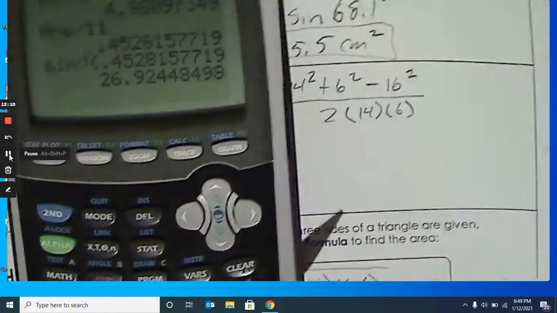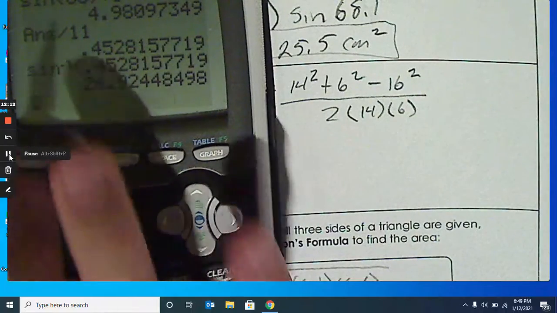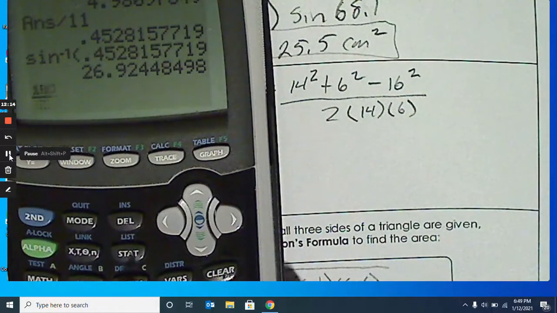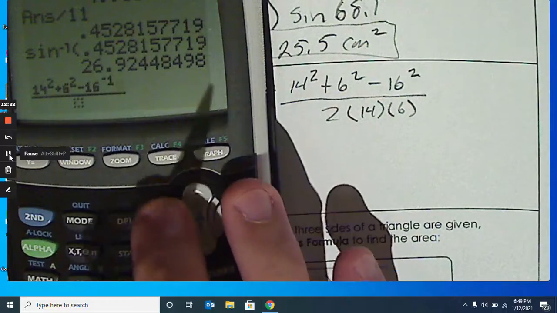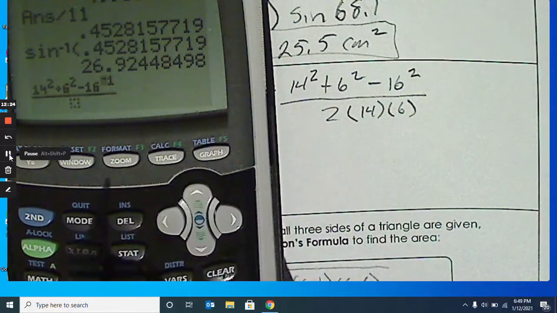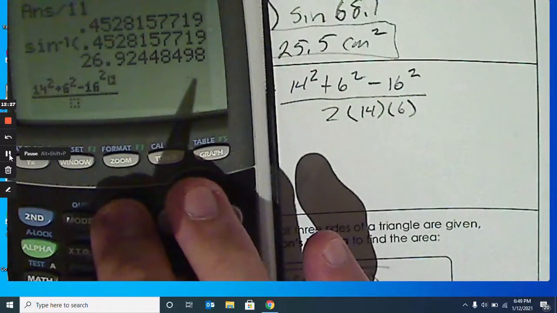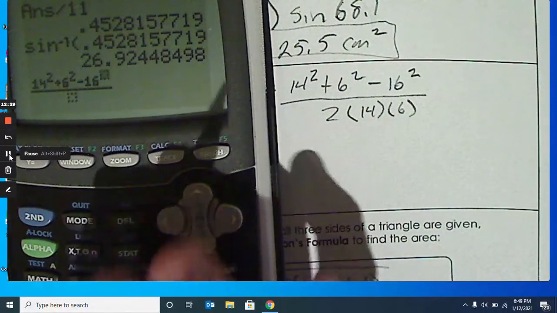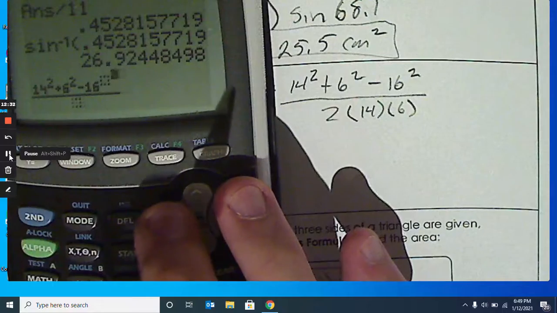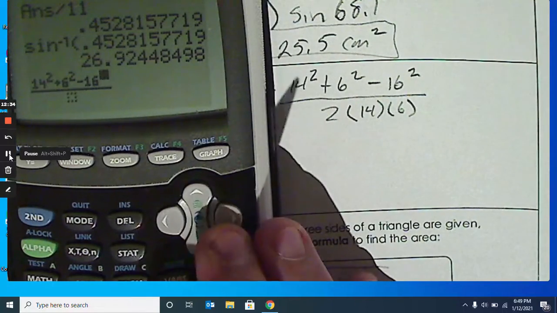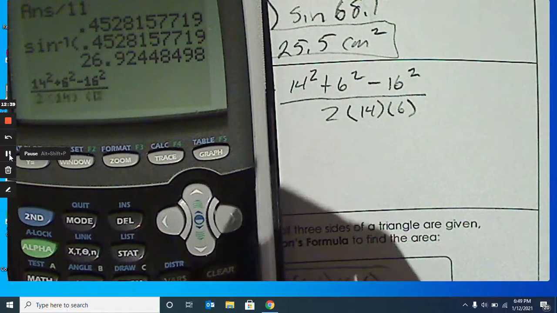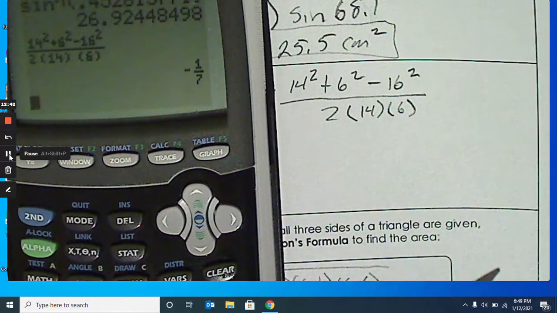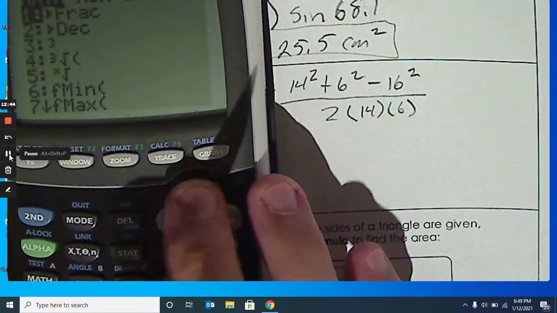And again, I'll do my calculator in this case. No, just kidding. I need squared here. Squared. Oh, come on. I hate calculators sometimes. Over 2 times 14 times 6. I need a decimal to do this.